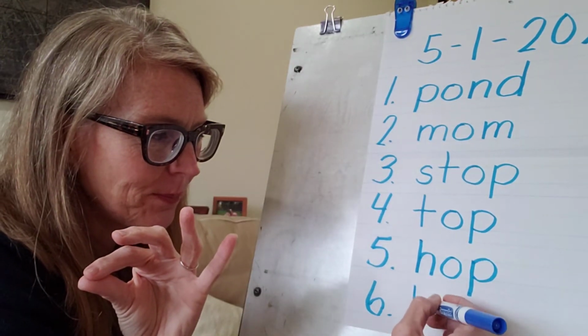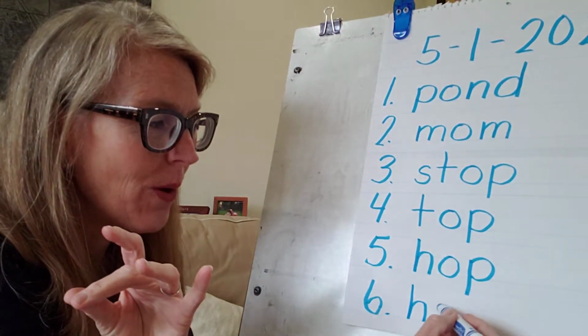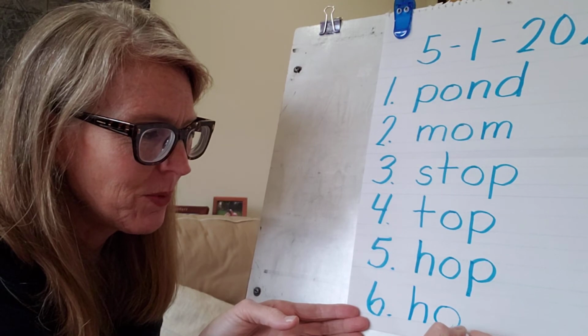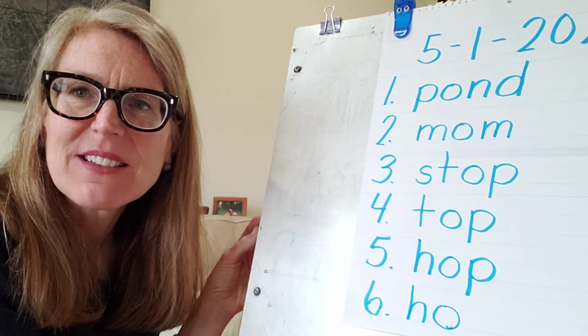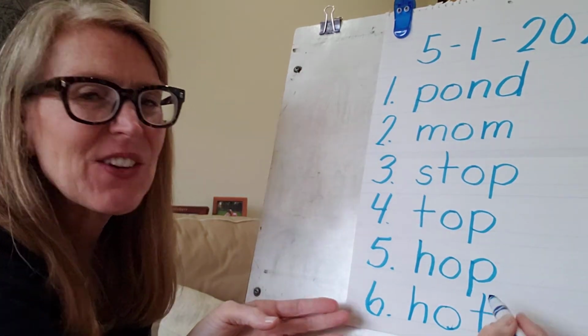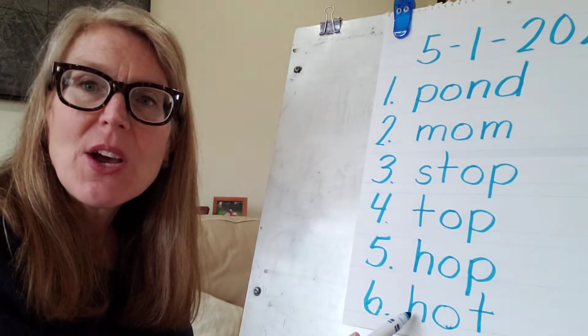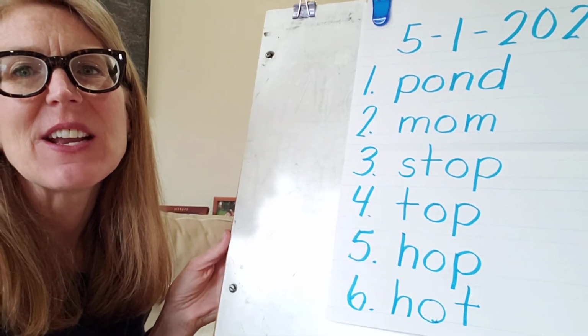H. O. Whoops. Miss Rooney didn't do a very good job there. T. What's that last sound? T. And what letter goes with that? T. Very good. Let's check them. Hot. Very good.